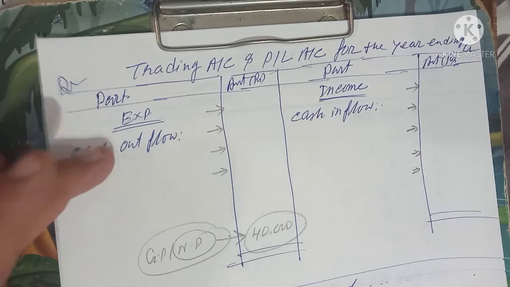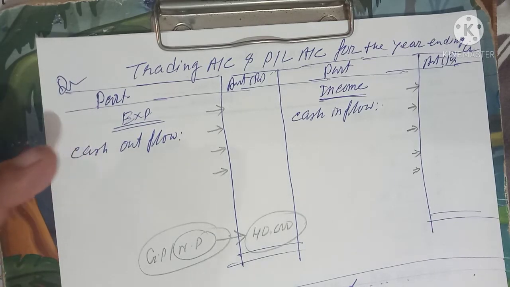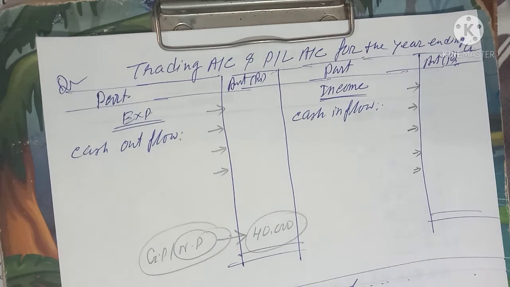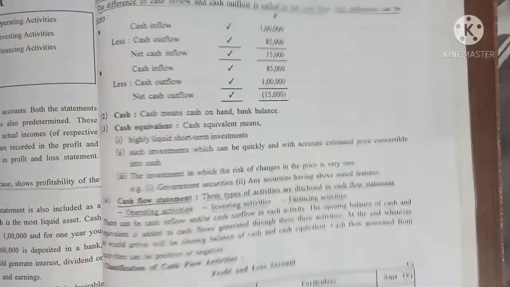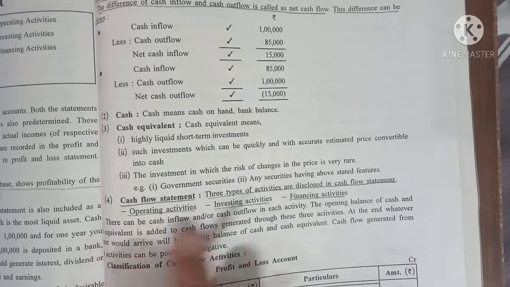I want to explain from this chart which transactions are related to operating activity, which are related to investment activity, and which are related to financial activity, as given there: operating activity, investment activity, and financial activity.